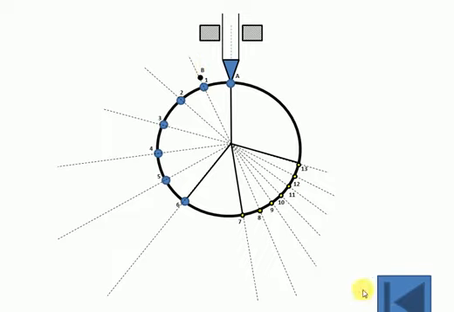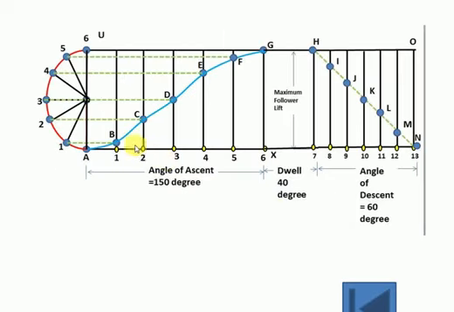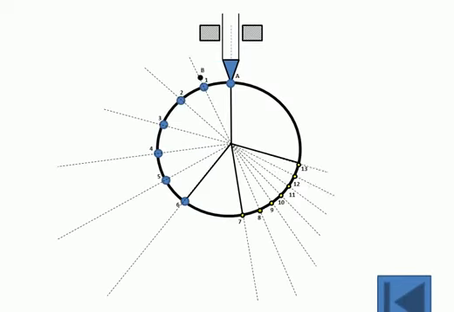In the same way, this distance from 2 to C we will measure here and mark from point 2 on the base circle till 3 till C. In the same way, from 3 we will mark D, from 4 we will mark E, F and G.